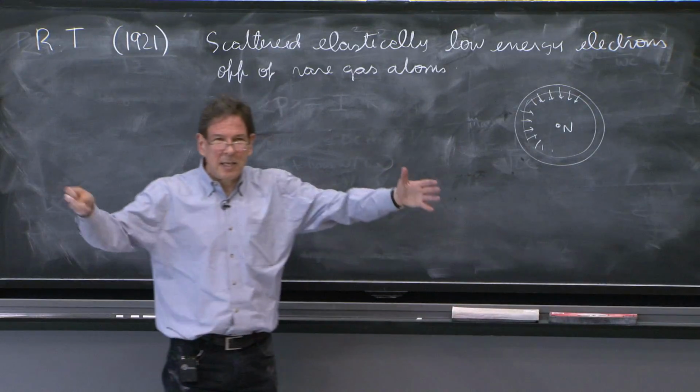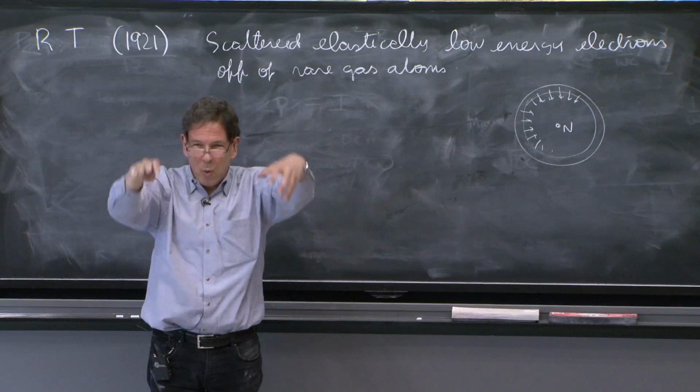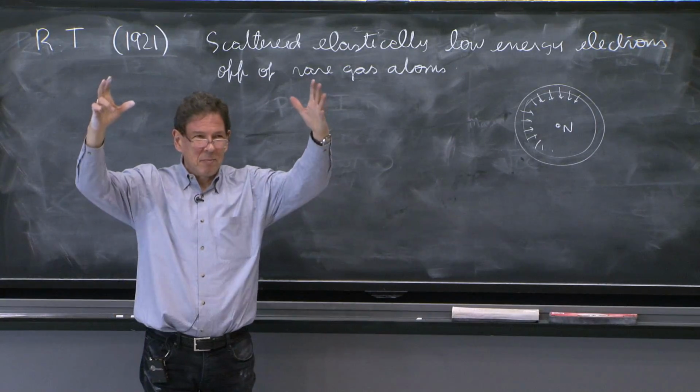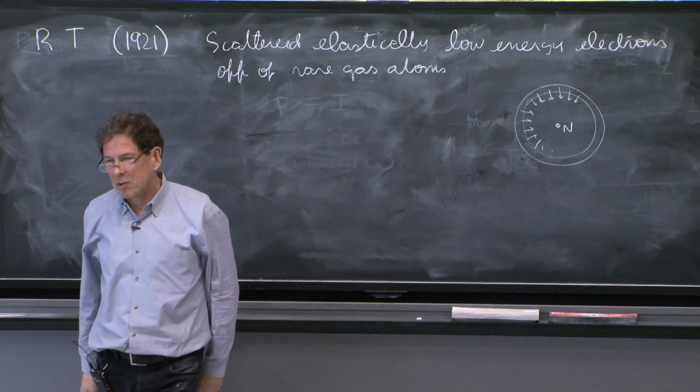So basically this is like a deep square well or spherical well representing the atom. The atom can be thought of as some sort of spherical well that attracts the electrons.